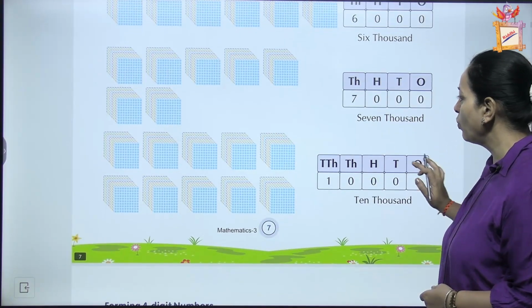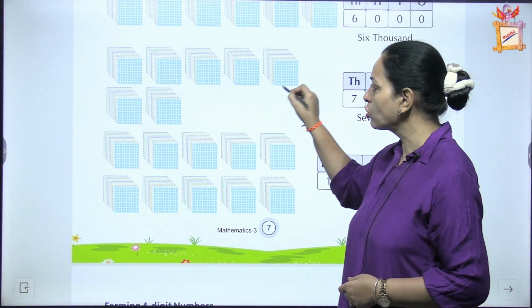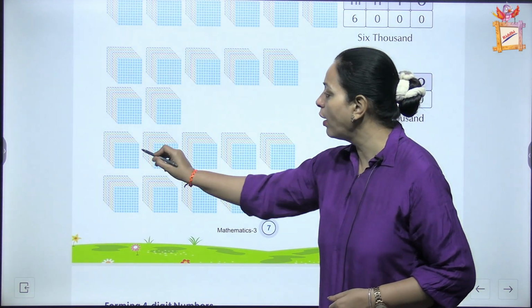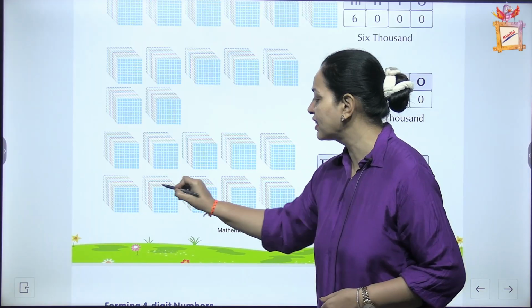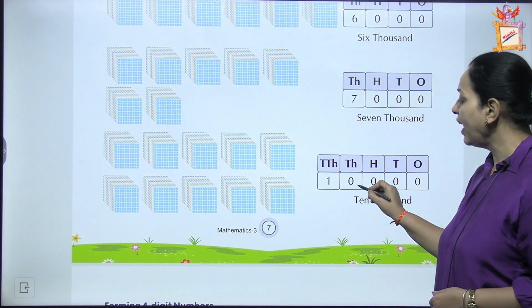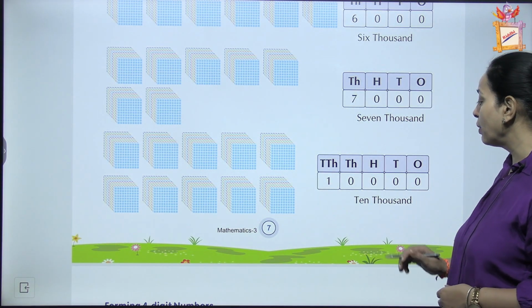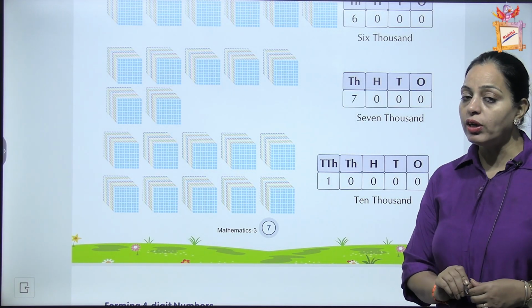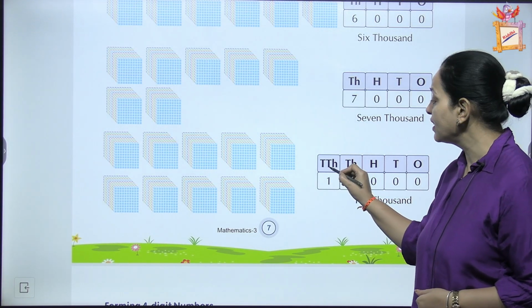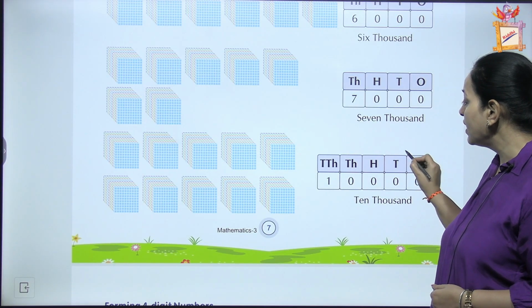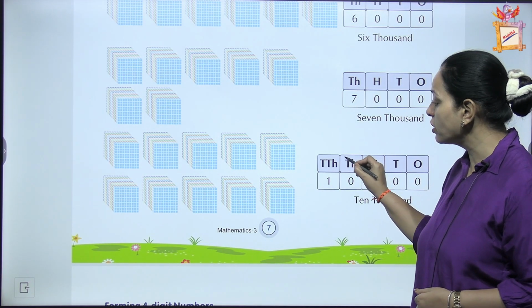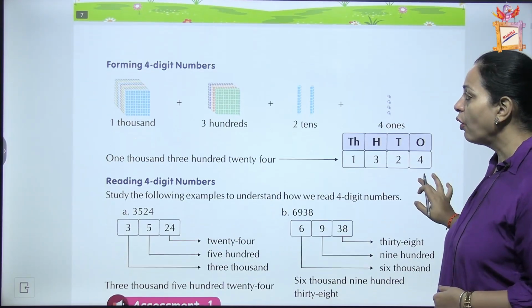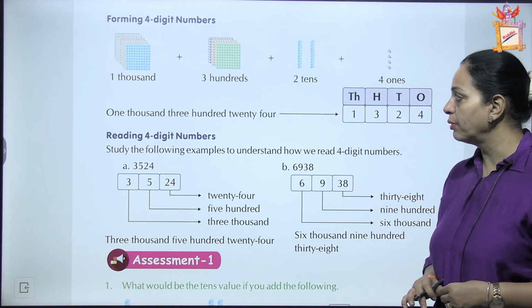See the next, we have here 7 blocks of 1000. This becomes 7000. Now we have 1, 2, 3, 4, 5, 6, 7, 8, 9, 10, 10,000. So this becoming 10,000 means we are adding one more digit here. 5th place, 10,000. So ones, tens, hundreds, thousands, then 10,000.